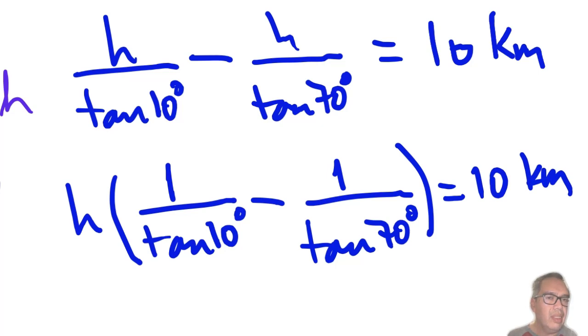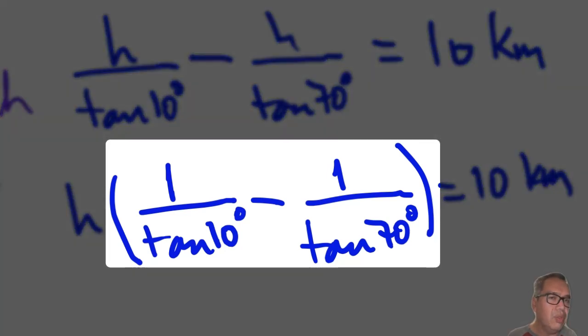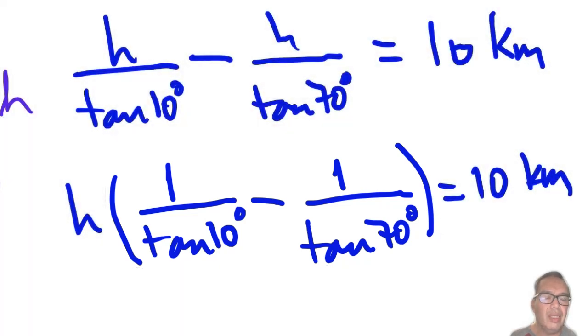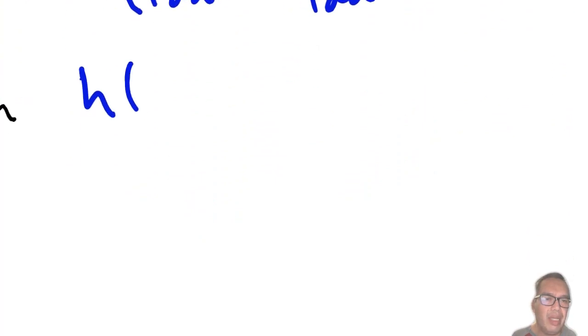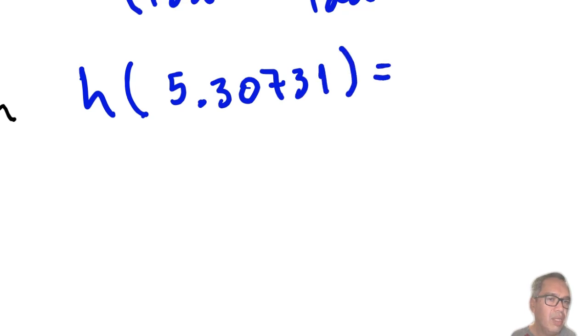Now, this parenthesis, you can calculate with a calculator. You don't even need to set parentheses or any special order in the calculator. Just write it in the order that you have it there, and you can write it with as many decimals as you want, to 5 decimal places. That's 5.3731.